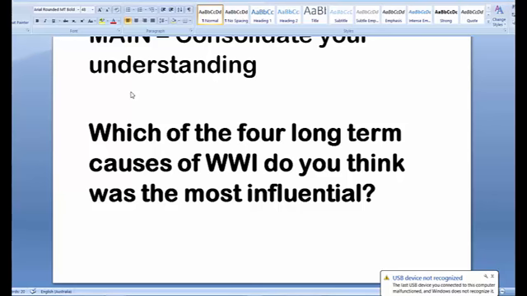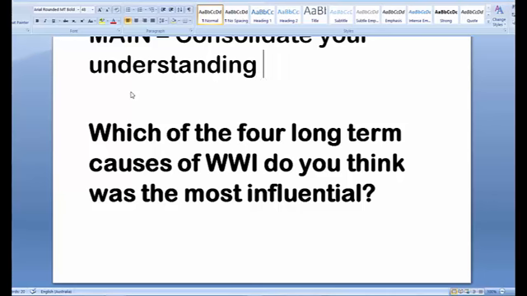Now, I understand that you're starting from a knowledge base of only this lesson and last lesson. That's okay. I want you to pick one of these 4, identify it. So you're going to say, I think the main cause, or one of the most influential causes of World War I was, and you name it.